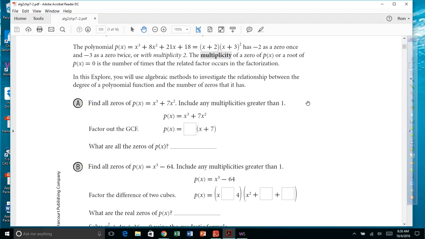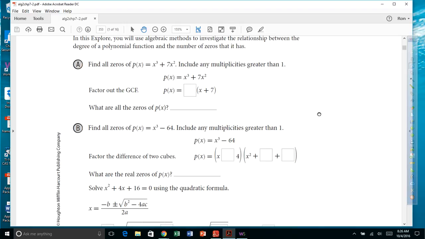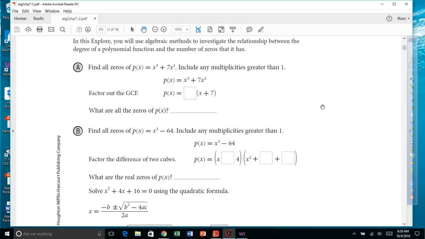The multiplicity of a zero of p of x, or a root of p of x, is the number of times that the related factor occurs in the factorization. In this Explore, you will use algebraic methods to investigate the relationship between the degree of a polynomial function and the number of zeros it has.